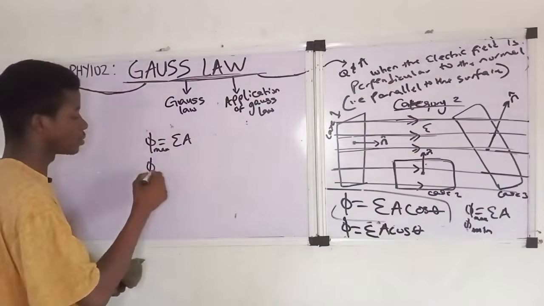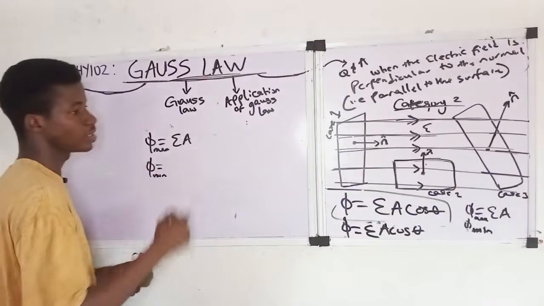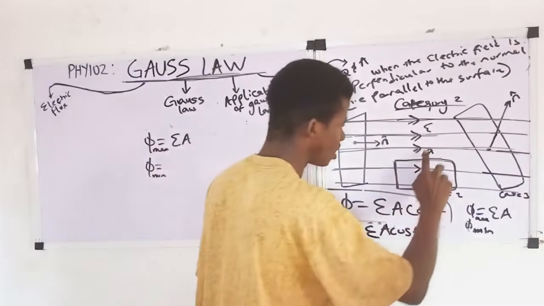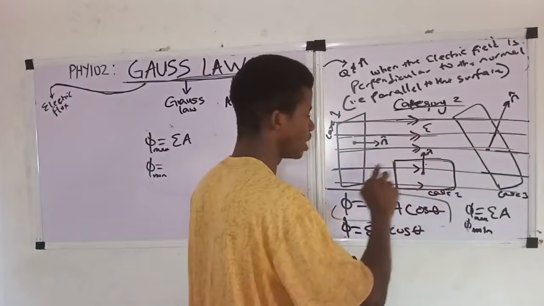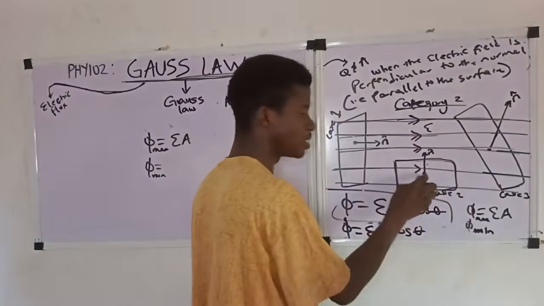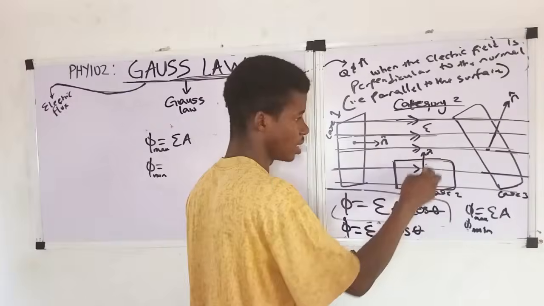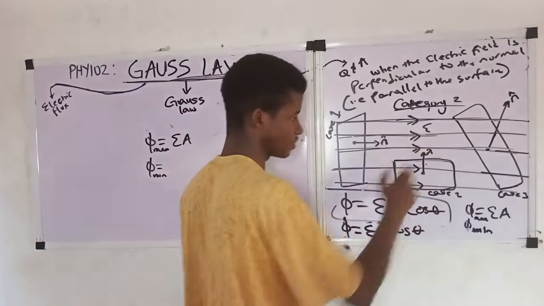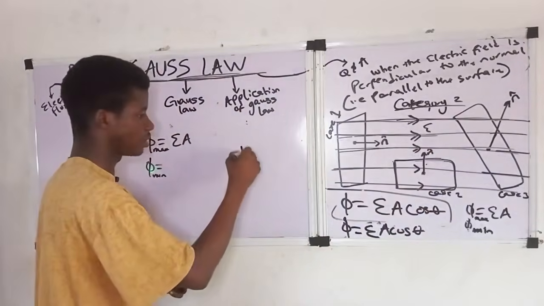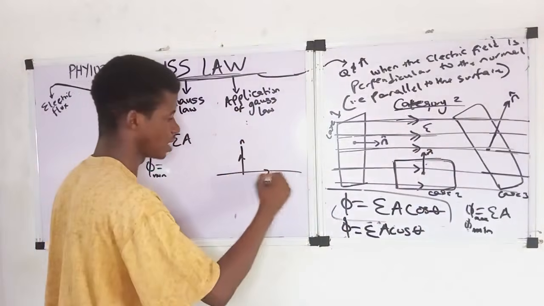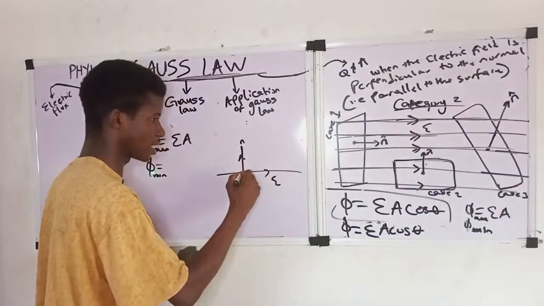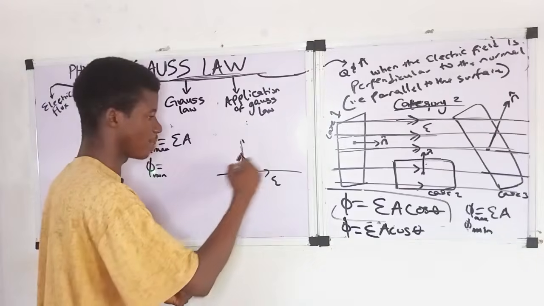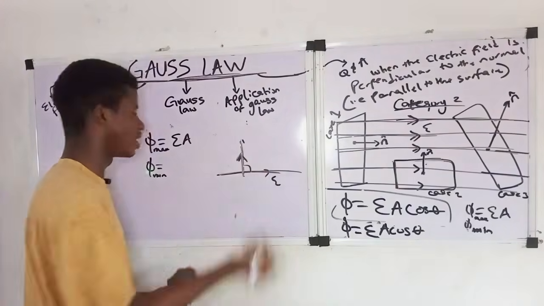Then the next scenario. Look at this scenario. This is the normal line, and this is the electric field. In this next scenario, the normal is perpendicular to the electric field, right?